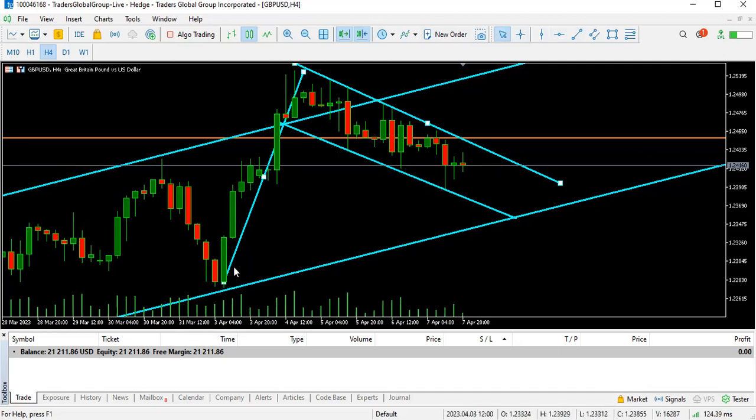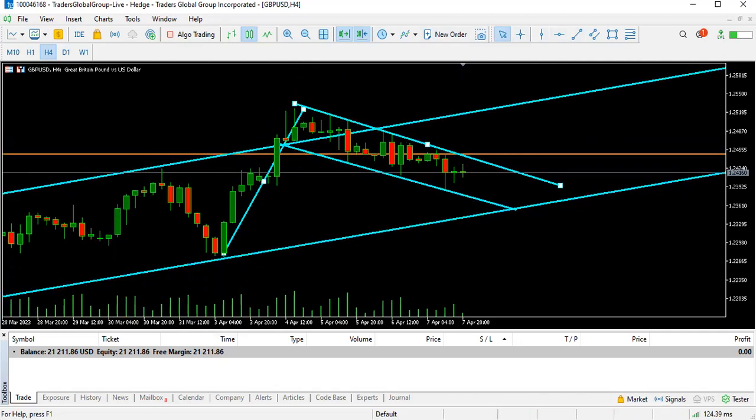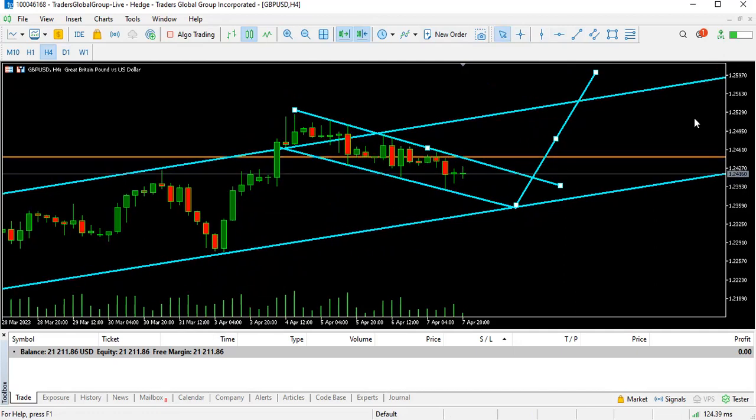What usually happens is the length of this leg will be the length of the upward move when it finally breaks out. So this is what will happen from here. When it eventually breaks out, we can measure it like this.